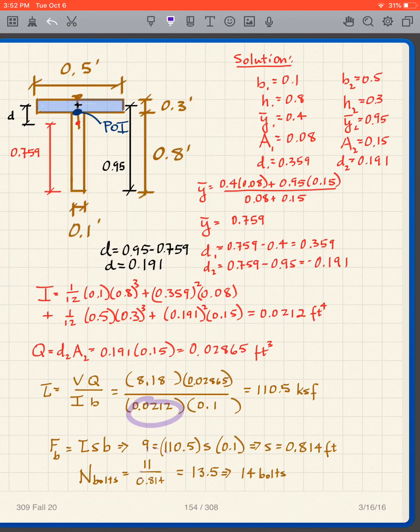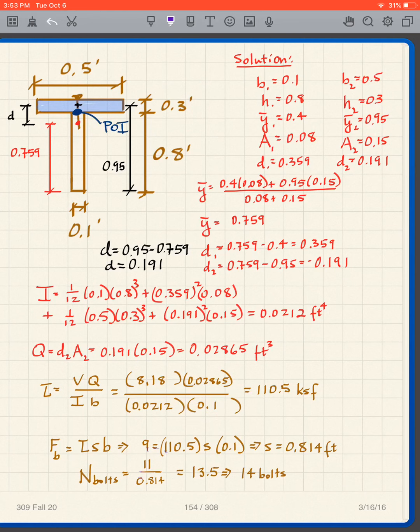The I we just calculated. The Q, we just did that as well. So it's just the D2A2. And the B is what? 0.1. Why? Because this is the smallest at the location. So there's our location of interest, our point of interest. And at that point of interest, the smallest B is that one, which is 0.1.